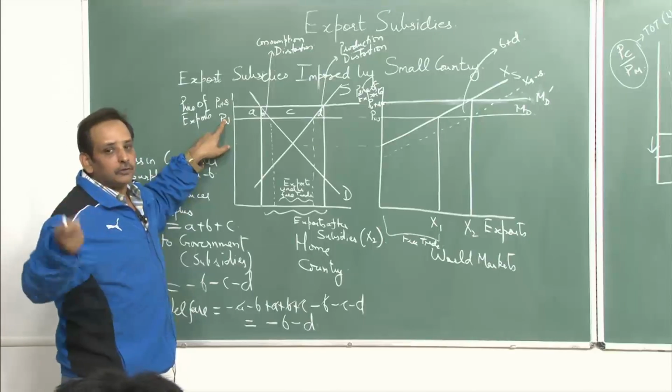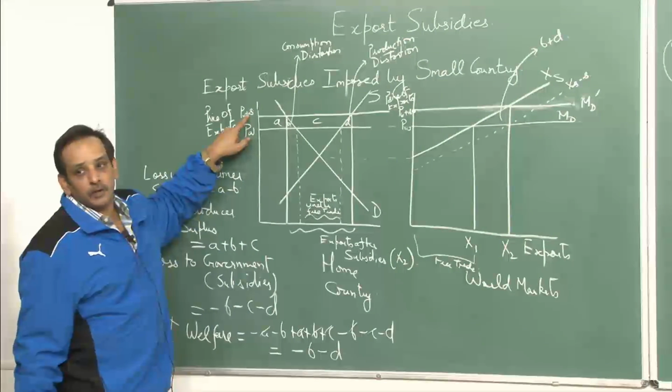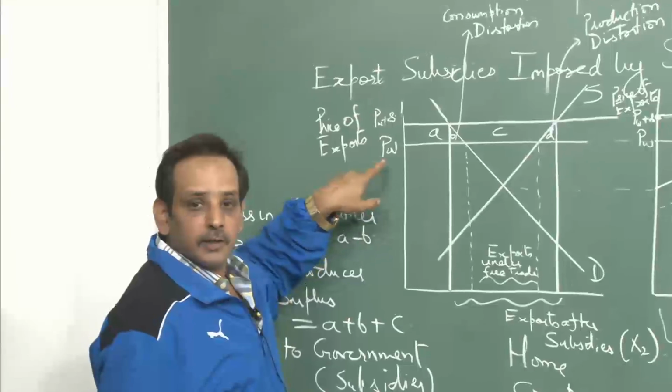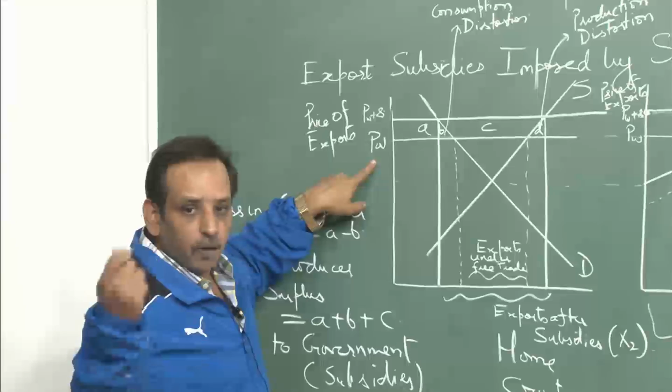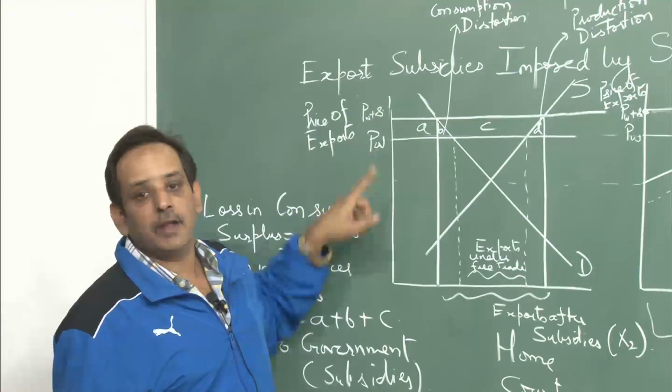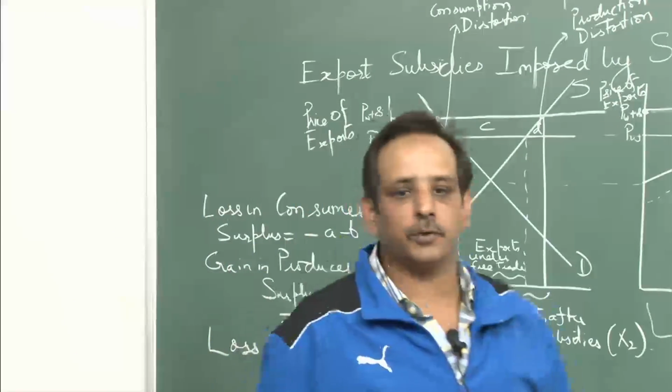Domestic producers also want to charge the same price, PW plus S, but consumers can always get the same product from the international markets at PW, isn't it? Why would they buy it from the exporters or domestic producers?